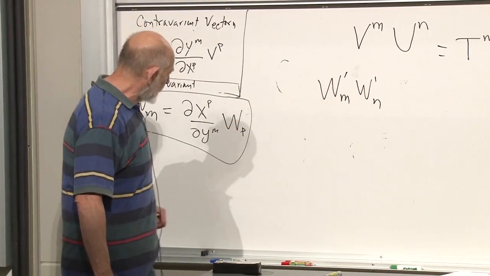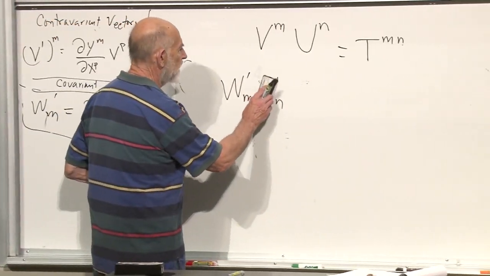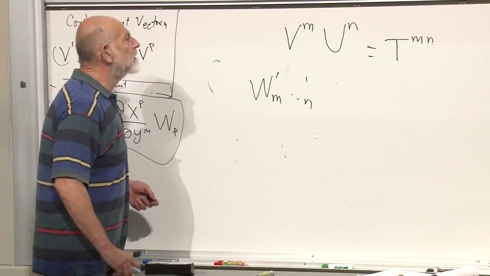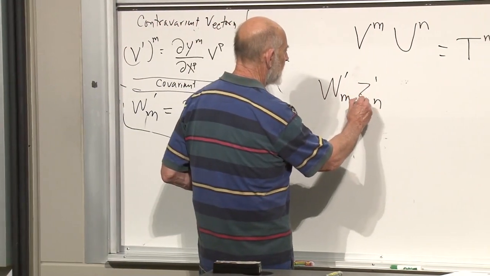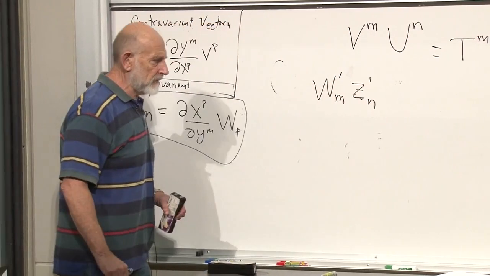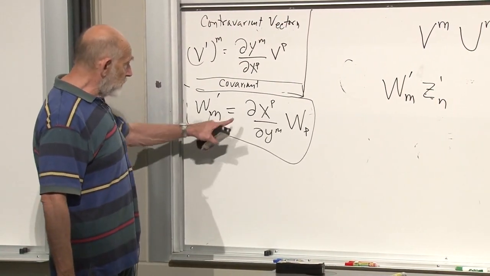Covariant means that they're downstairs here. How does this object transform? Well, we know how the individual components transform. Not W, give me another letter. Z, okay. Not coordinate Z, but component Z. All right, here's the rule.